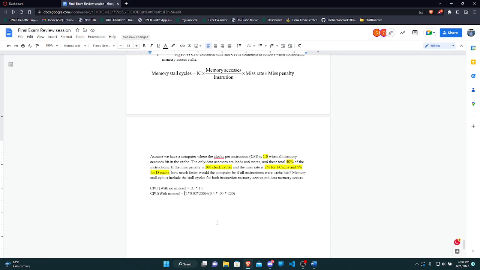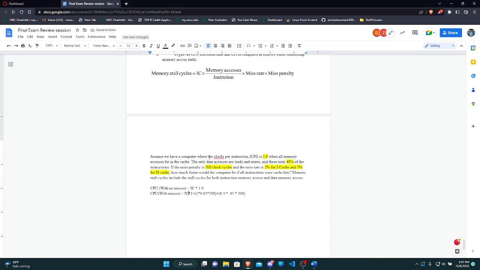And then all of that plus 1, which is our base CPI, times our instruction count.